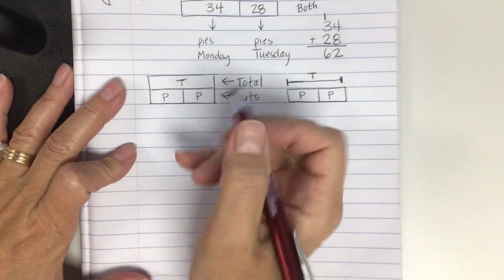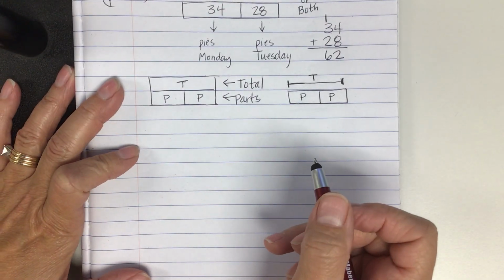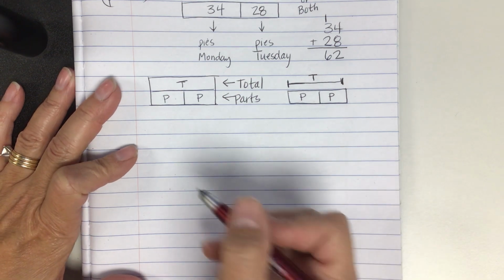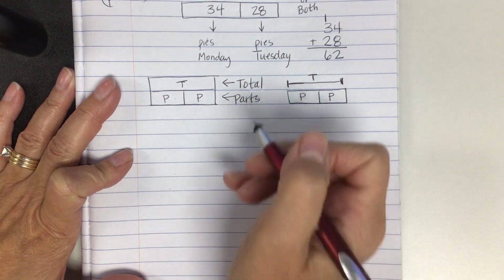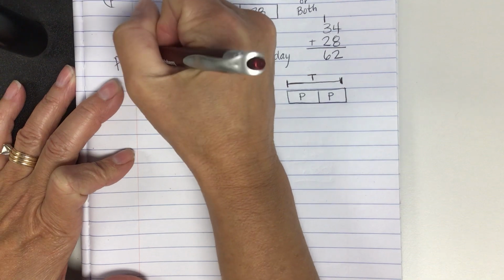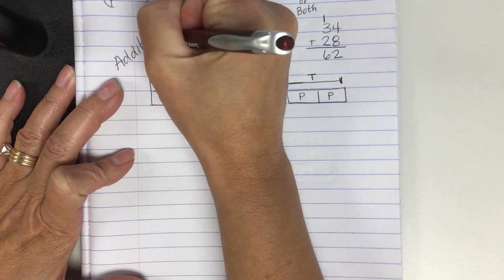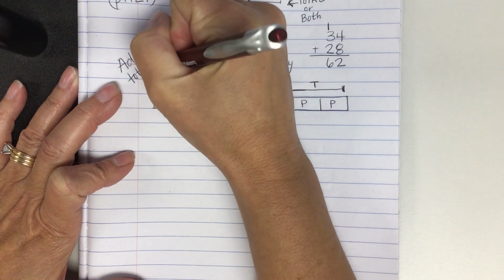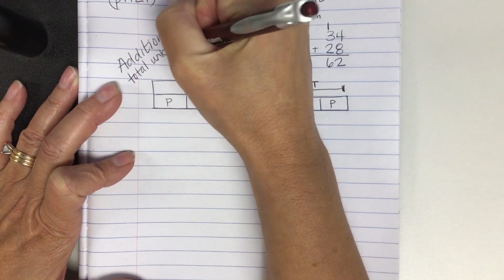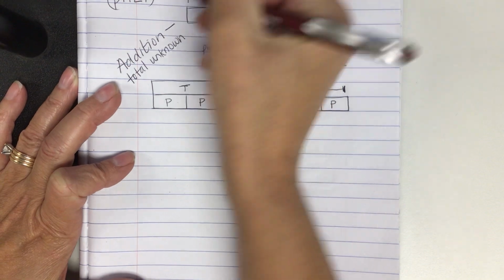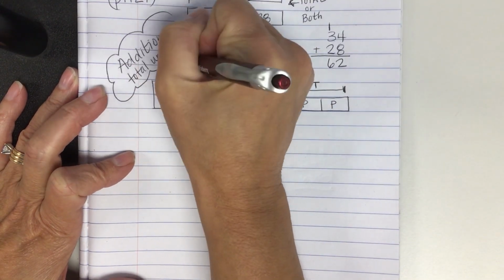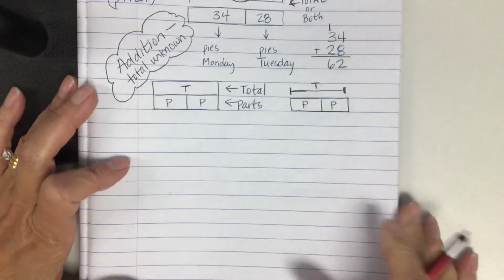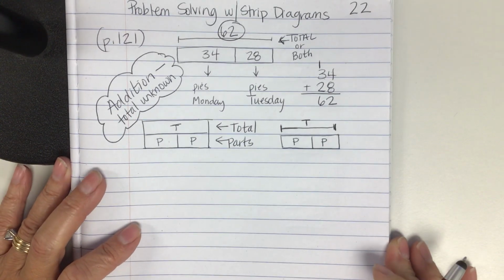Let's just make one up because I don't want to confuse you with where I'm having to go for this. But if this is addition, let's write addition right here. And it's always the total is unknown. Okay? Total is unknown. And when we have the total unknown, then that is addition.